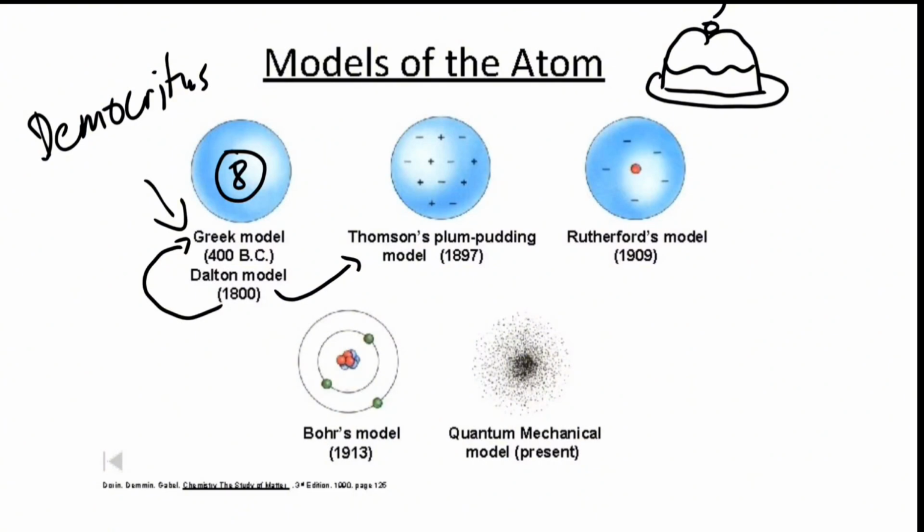For Thomson, these raisins or toppings serve as the protons and electrons that are inside the atom. With that, Thomson came up with the concept that every atom is composed of different subparticles such as electrons, protons, and neutrons.